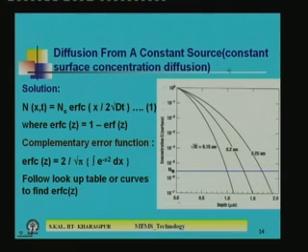One is known as diffusion from a constant source, which is known as constant surface concentration diffusion. The diffusion equation, Fick's law, if you solve in this particular situation, that means constant diffusion from a constant source, then you will get the solution N(x,t) equal to N_s times erfc of x by 2 root Dt. So, constant surface concentration diffusion means that at the surface the supply of the dopant atoms will be infinite.